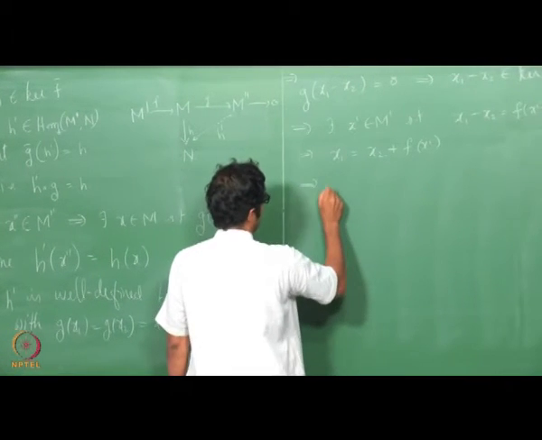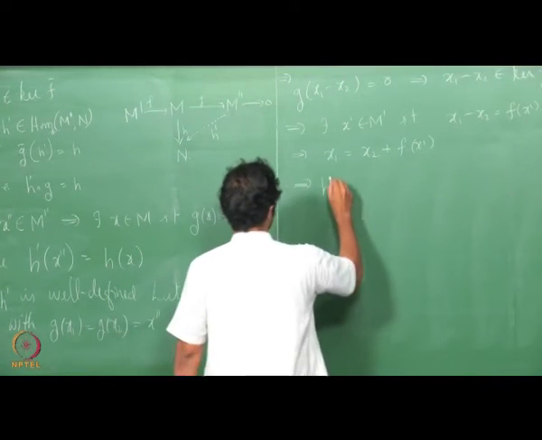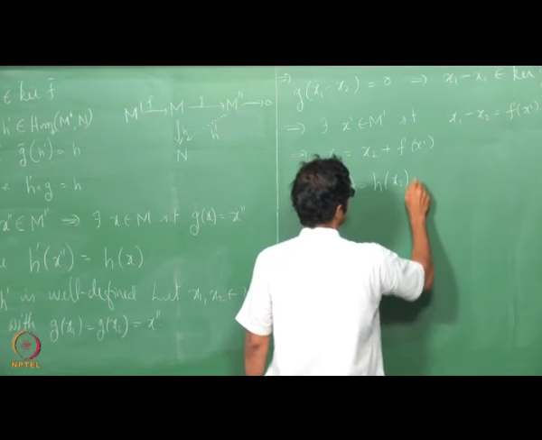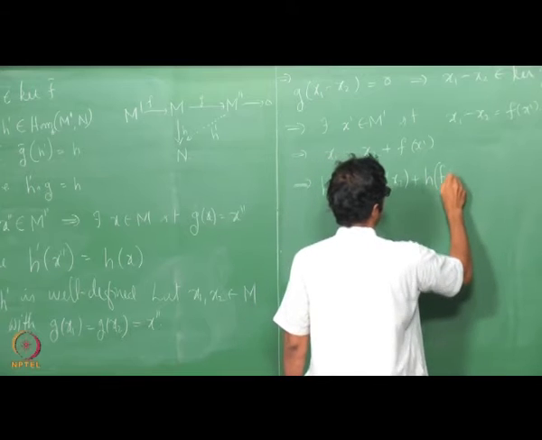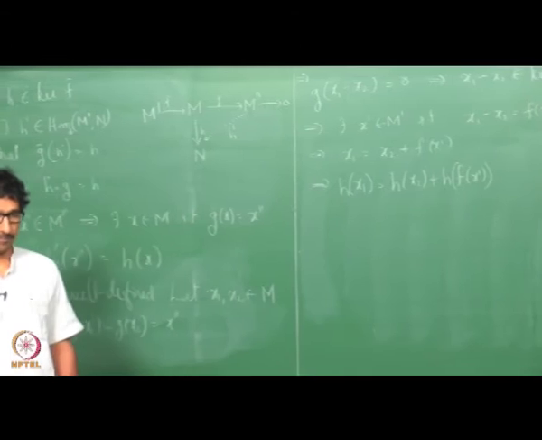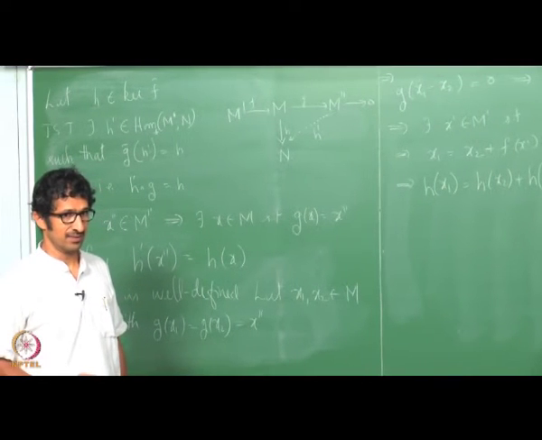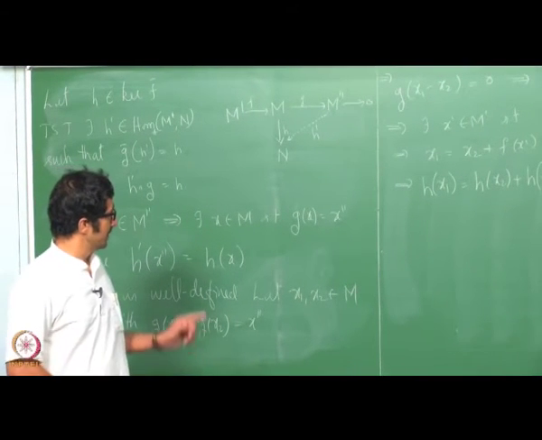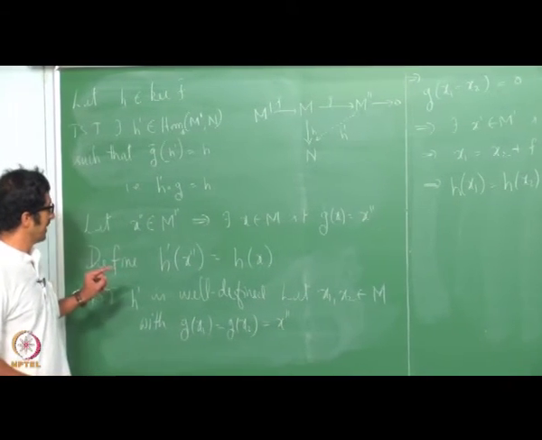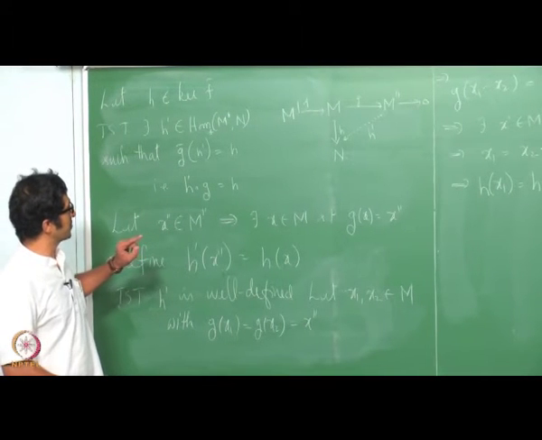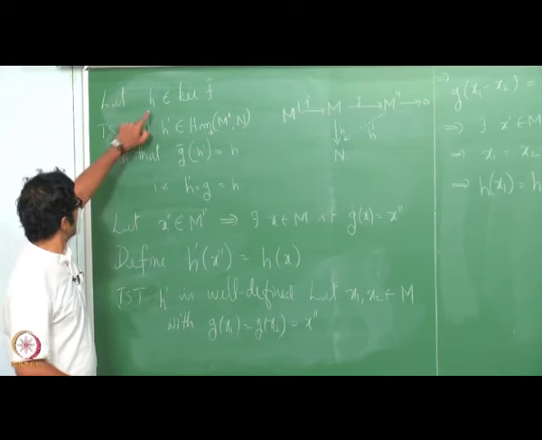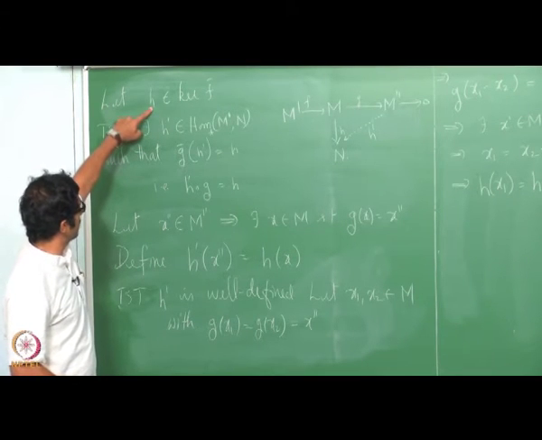Now, therefore, what is h of x1? This will be h of x2 plus h of f of x prime. Now, we have not used the fact that h belongs to kernel of f bar. H belongs to kernel of f bar.